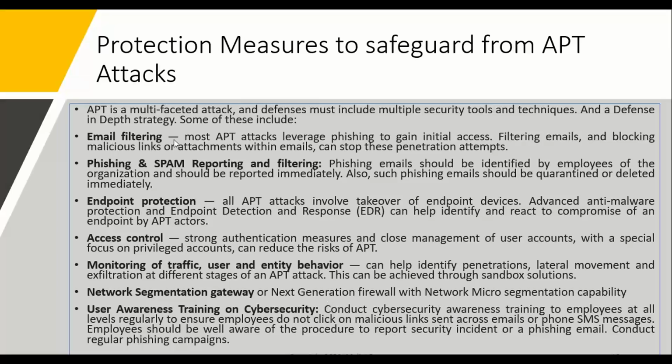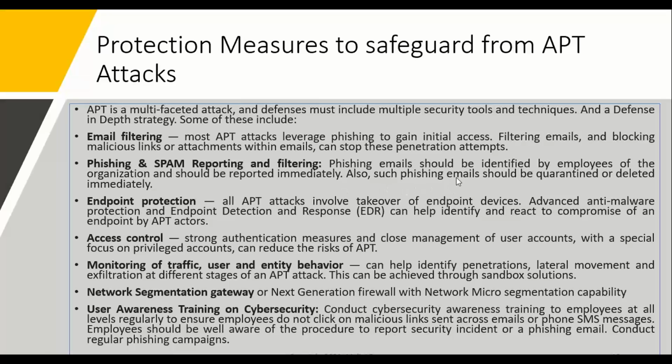So, talking about email filtering, most APT attacks leverage phishing to gain initial access. So what you have to do is filter the emails and block malicious links or attachments within emails, which can stop these penetration attempts by the APT groups. Then you should have a phishing and spam reporting and filtering solution in your organization, wherein phishing email should be identified by the employees of the organization and reported immediately.